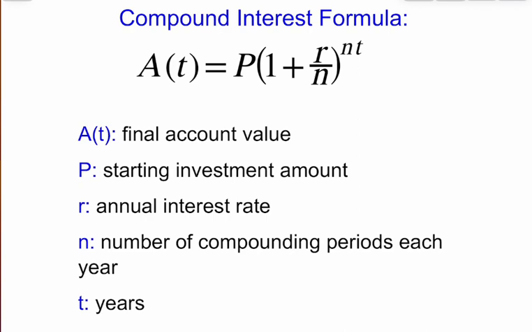If you go to a bank, most banks give interest rates monthly. So what this N stands for is how many times in a year they are willing to give you interest. N is the number of compounding periods per year. If they say monthly, that would be 12.